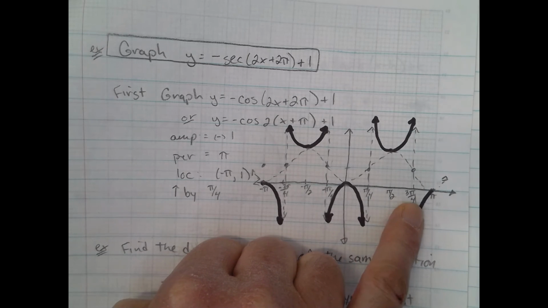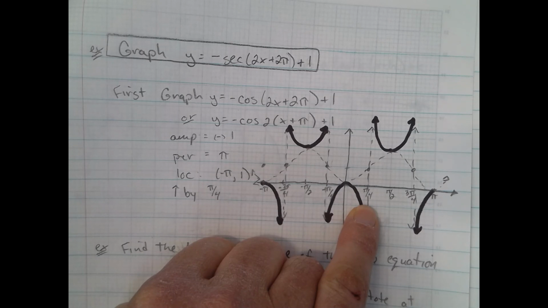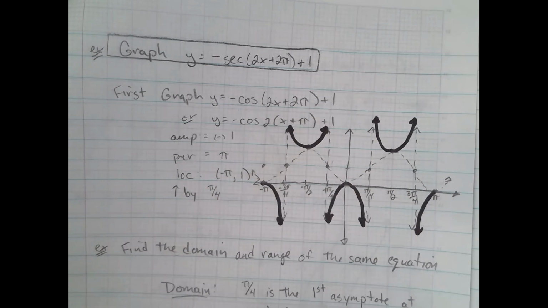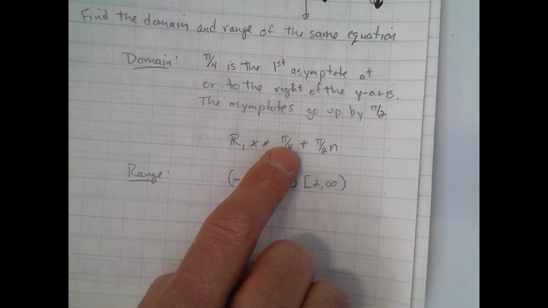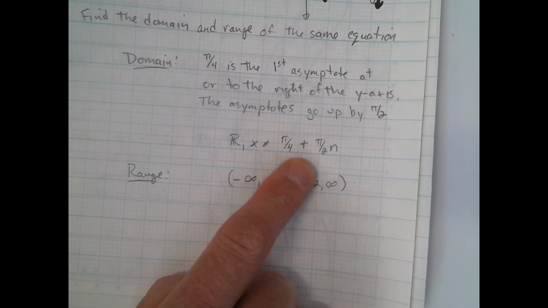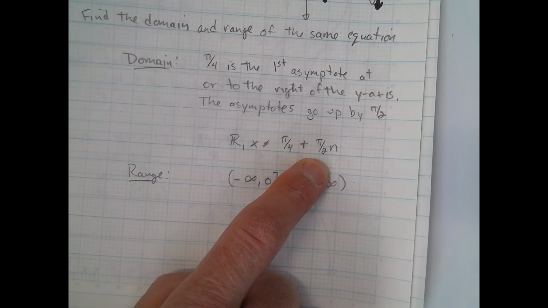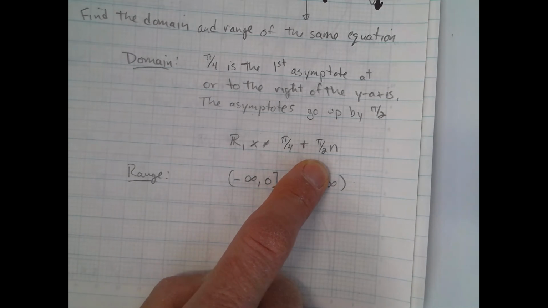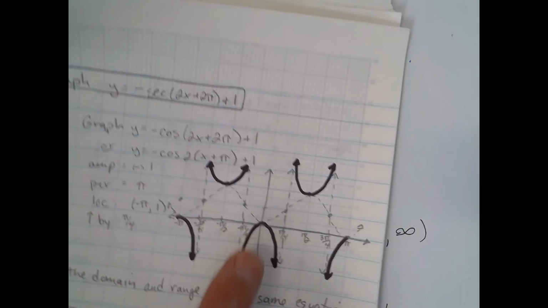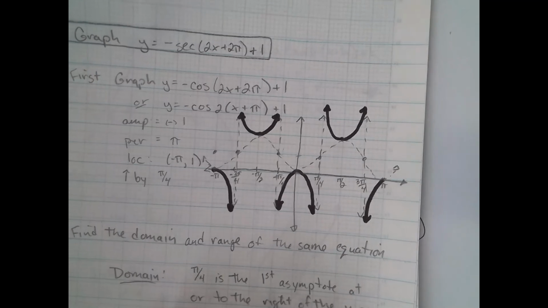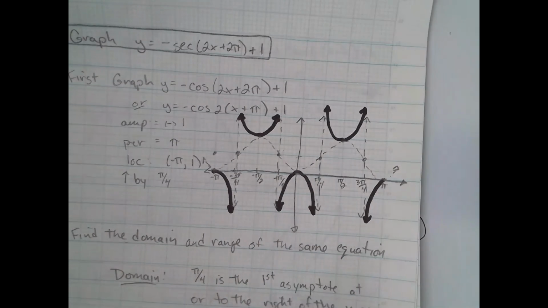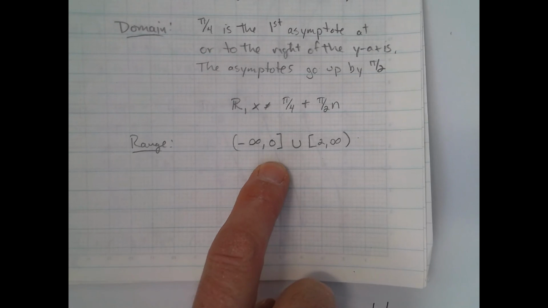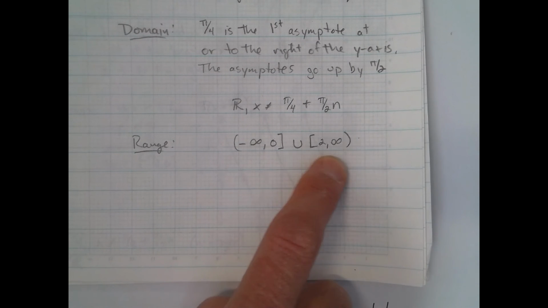So 3 pi over 4 minus pi over 4 is 2 pi over 4, which is pi over 2. So the domain would be all real numbers, x not equal to, there's my first asymptote, and that's what it's going up by every time. Okay, the range, it goes all the way up to 0, and then it starts again at 2 and beyond.